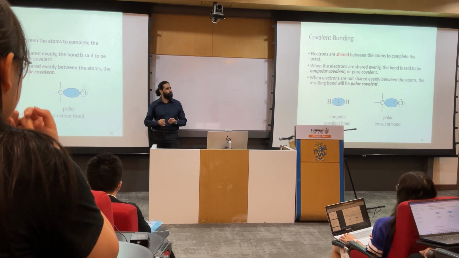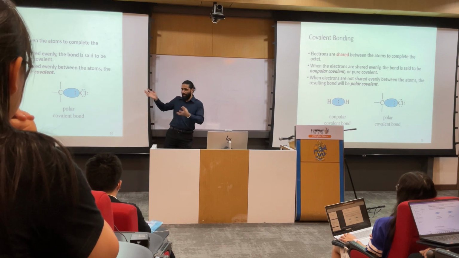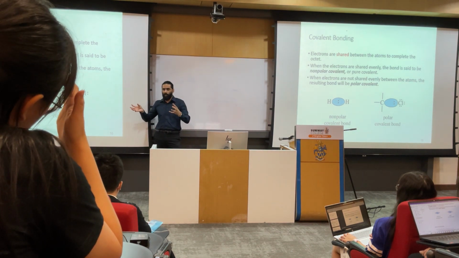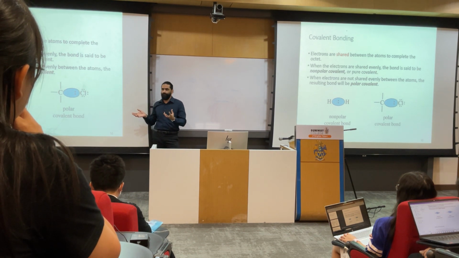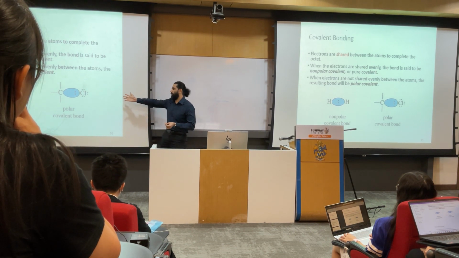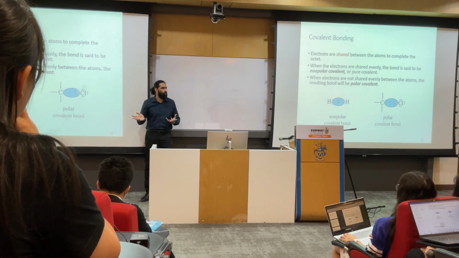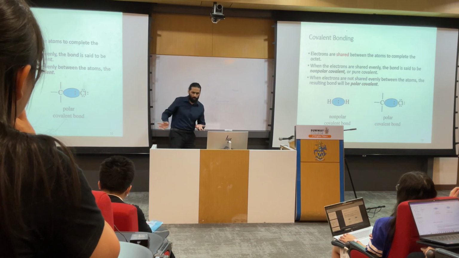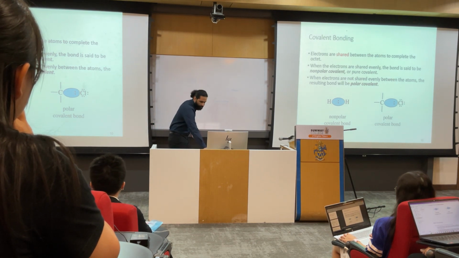So carbon and chlorine, for example, have some difference in electronegativity, but not so much that you can make those ions. That's why it is polar covalent. While an example of non-polar covalent would be hydrogen and hydrogen, or the bonds between same atoms.